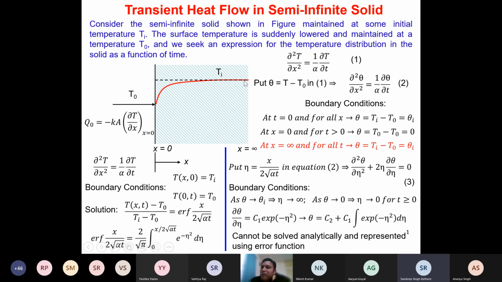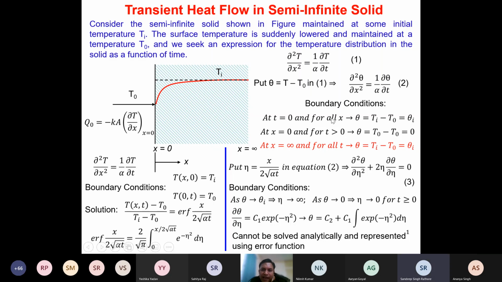Now, what are the boundary conditions? So at time t equals to 0, the temperature profile is not developed. We will have this temperature as Ti here, and here there will be T naught.